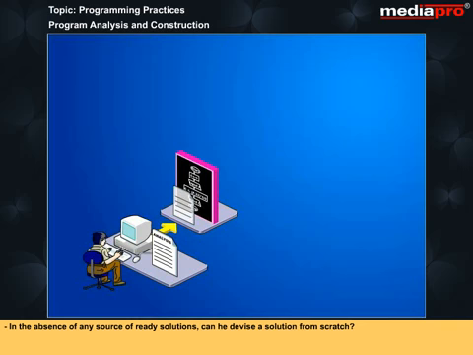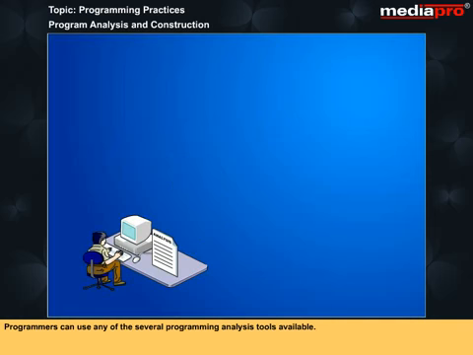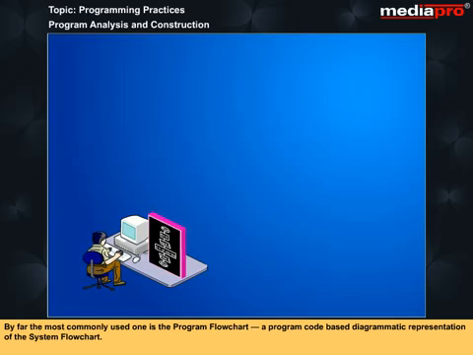In the absence of any source of ready solutions, can he devise a solution from scratch? Programmers can use any one of the several programming analysis tools available. By far the most commonly used one is the program flowchart, a program code-based diagrammatic representation of the system flowchart.